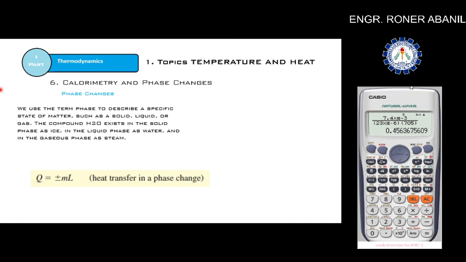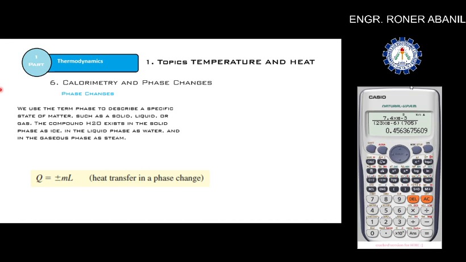So, kunwari, meron tayong yelo tapos naglagay tayo ng heat doon sa ice, yung iba doon is matutunaw at magiging liquid water. So, if we add the heat slowly to maintain the system very close to thermal equilibrium, the temperature remains at 0 degrees until the ice has melted. Okay?